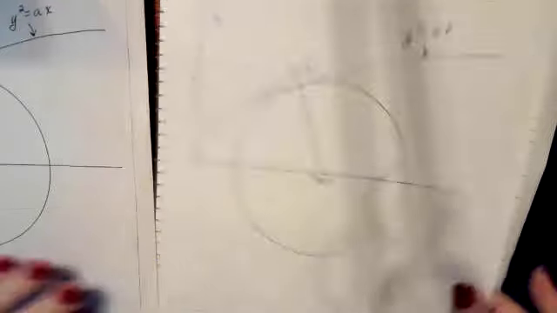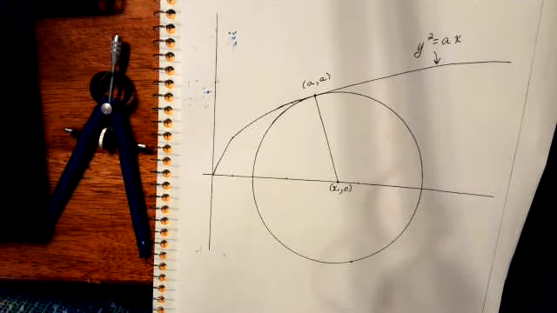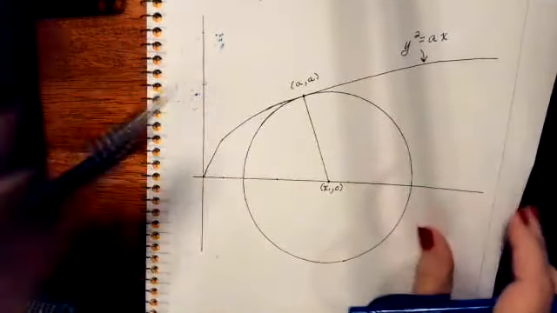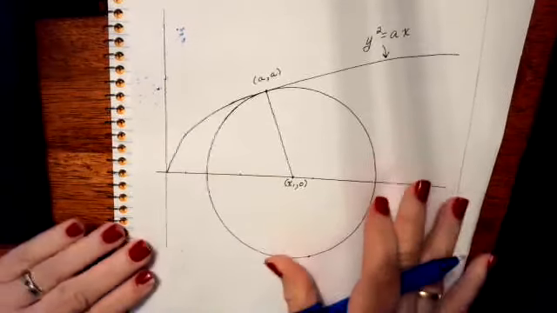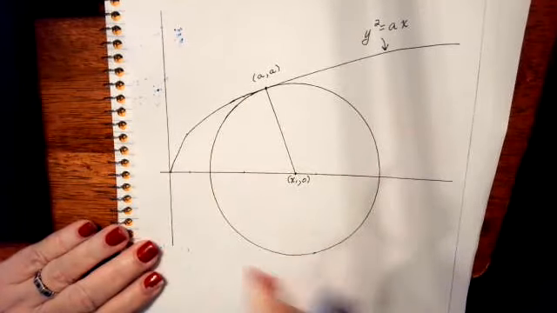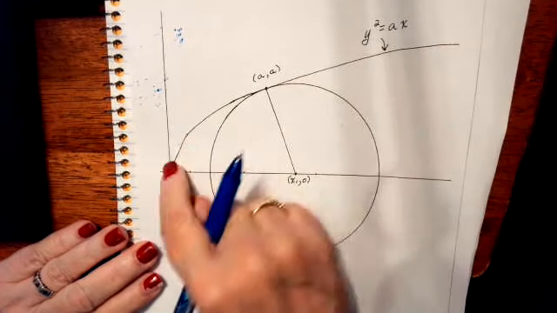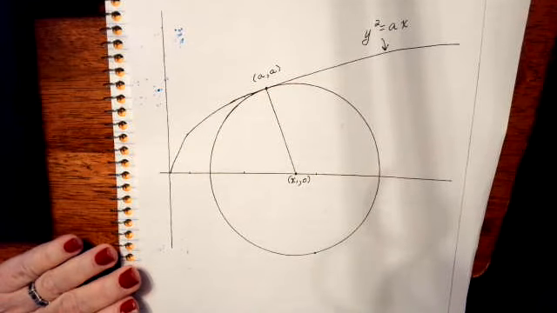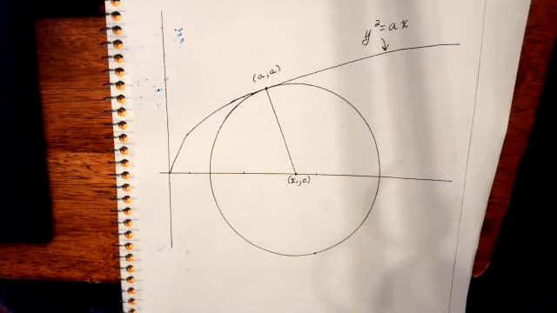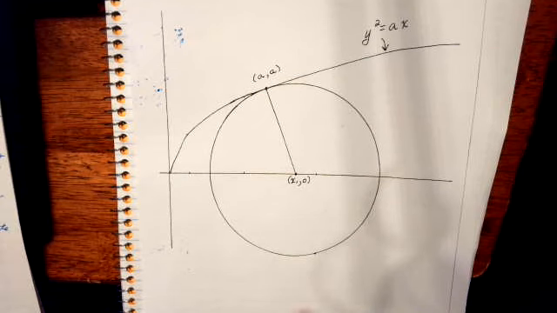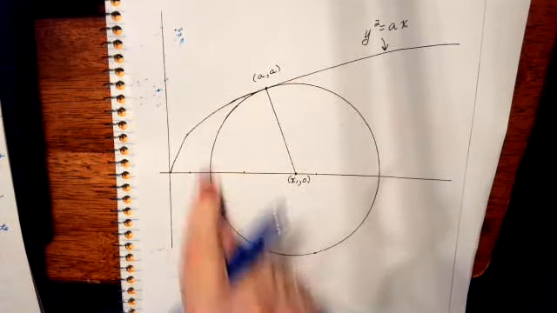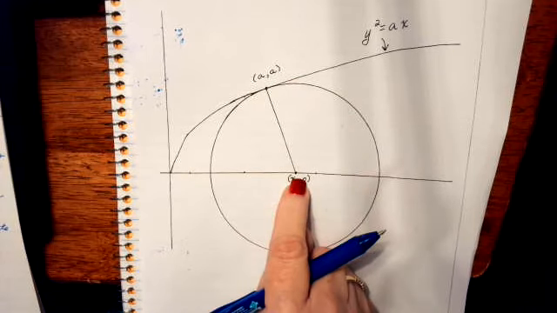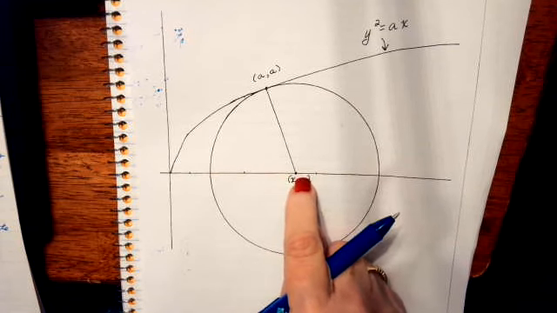To construct the tangent to the parabola, y squared equals ax. Now notice this is not a function, or it wouldn't be if I drew the bottom half of it. Y squared equals ax. We're just looking at the top half of it at the point (a, a). Okay. Well, here's the plan. We're going to draw a circle centered at this point (x, 0), and we're going to draw the line segment.